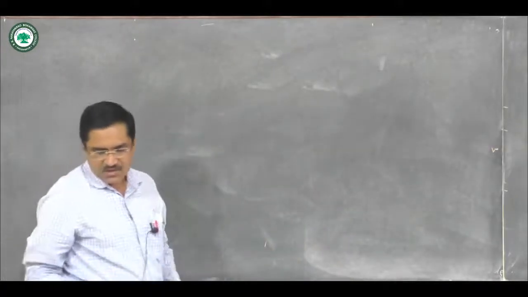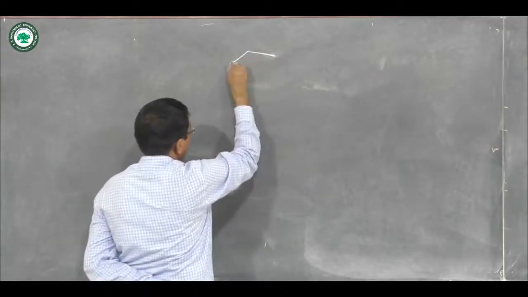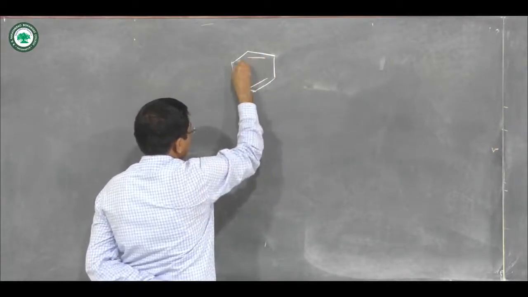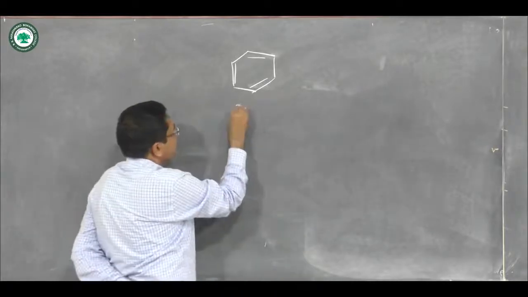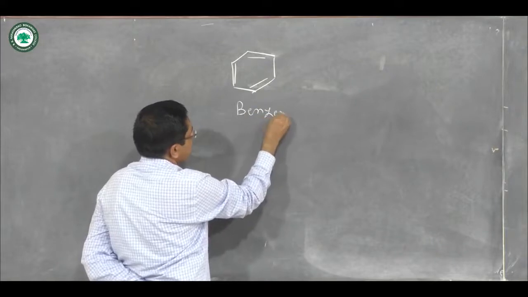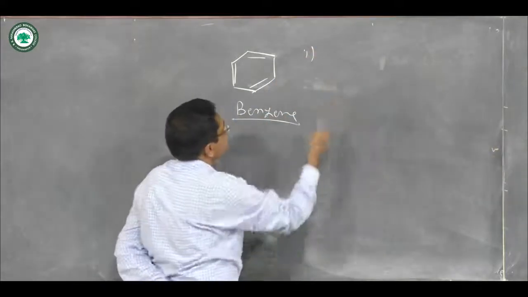First of all, we take the example of benzene. Now, from the criteria, first point is it should be cyclic.